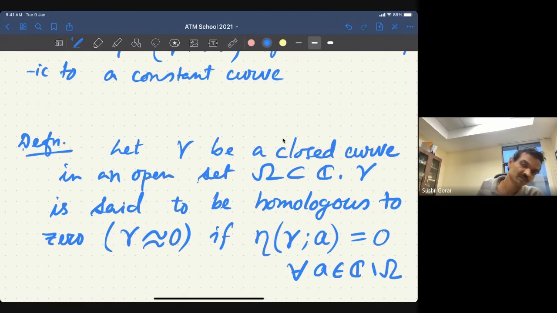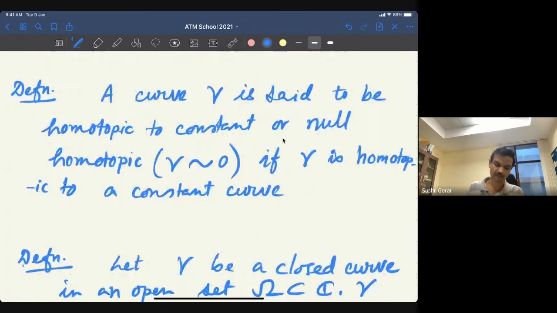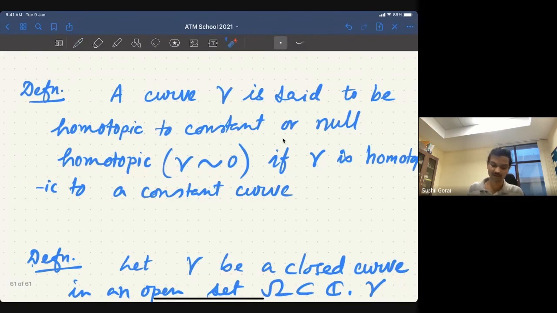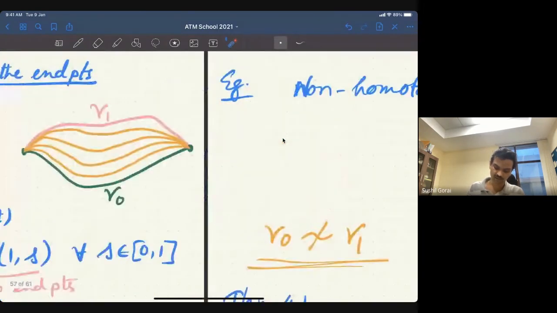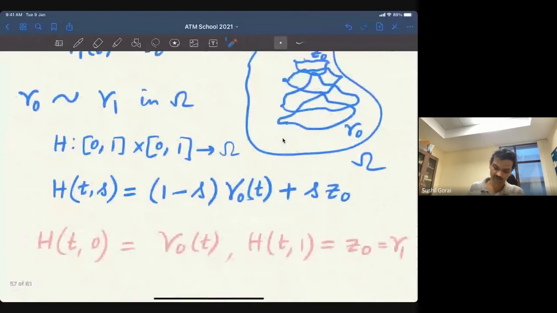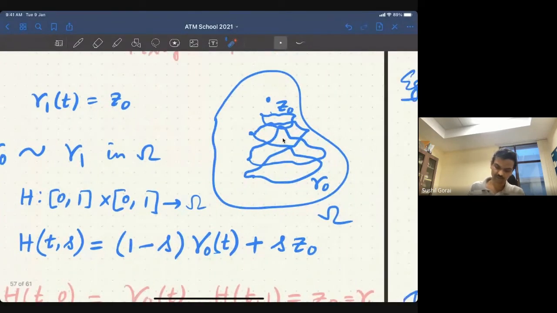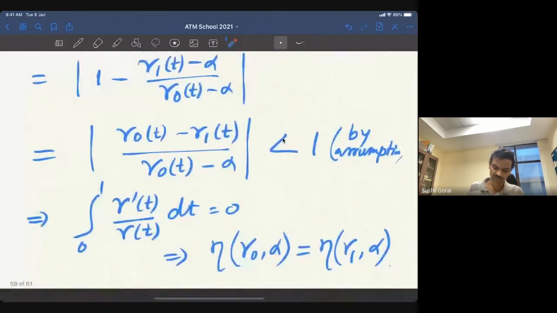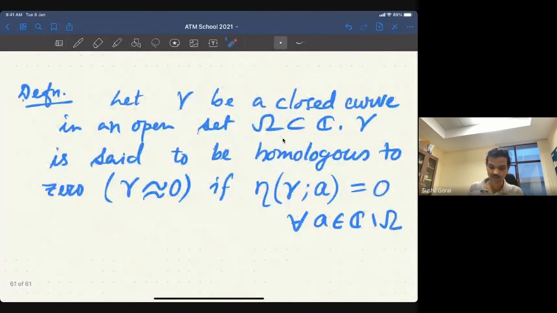Are these two definitions clear? One is homotopic to a constant map. I will give an example, like this one, homotopic to a constant. And homologous to 0 is defined in terms of the winding number.